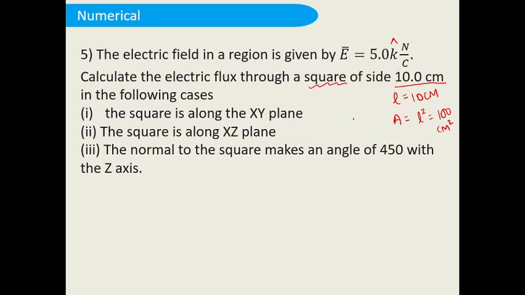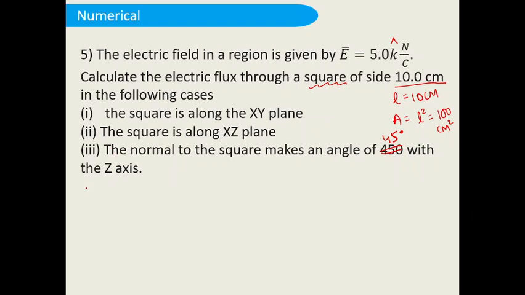The cases are: the square is along the xy plane, the square is along the xz plane, and third, the normal to the square makes an angle of 45 degree with the z axis. So this is 45 degree. Okay, so we'll write the data.